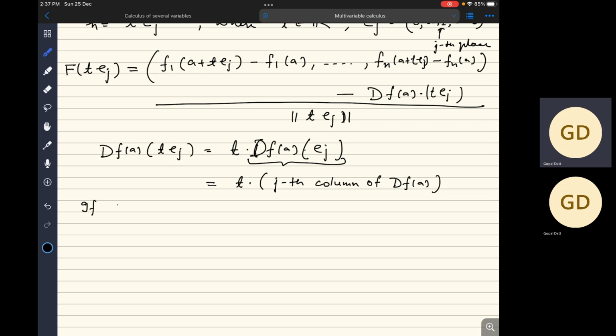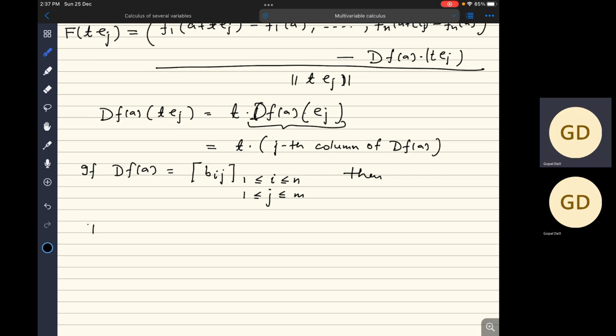This means if Df a is, say, (bij), i running from 1 to n, j running from 1 to m, then what is Df a t ej?